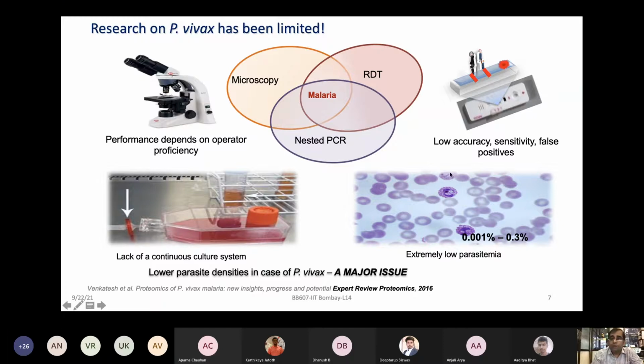So if you do polymerase chain reaction, you have specific primers for the genes of vivax or falciparum that can accurately tell that a person has falciparum or vivax, or it could also be a mixed infection, which happens many times. With microscopy, you take blood samples from these patients and make a smear on glass slides.